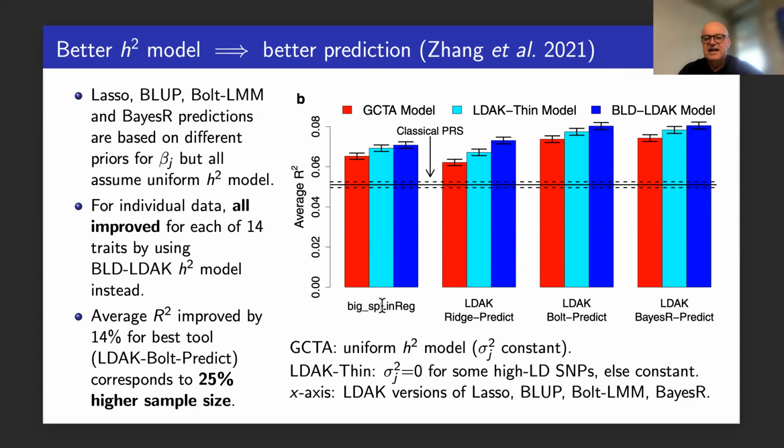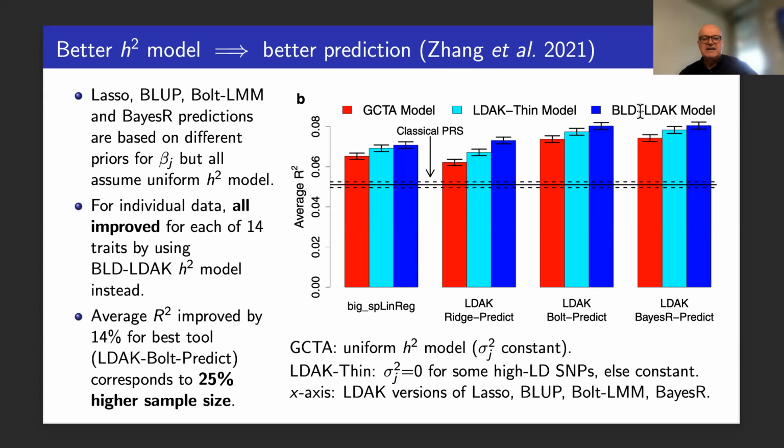Well, for the lasso and for the ridge regression, they're just sort of standard methods, but for BOLT and BayesR, they're published versions. So the red is what the original versions could achieve, and then the light blue is the improvement you get with a simple, one parameter heritability model, and then the dark blue is you do a bit better again by having this 65 parameter heritability model.